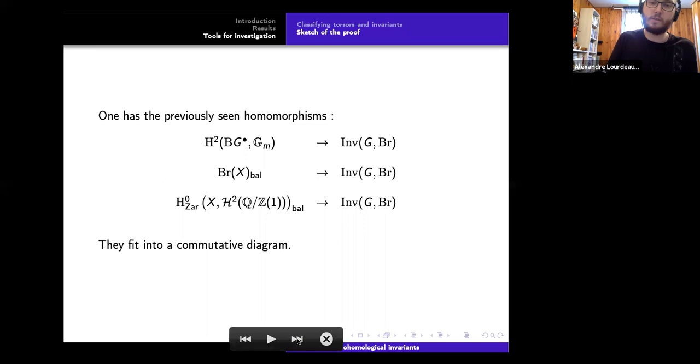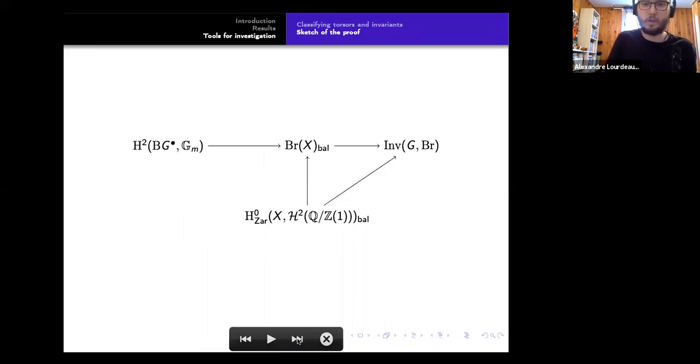And actually, these three morphisms are related, in such a diagram.